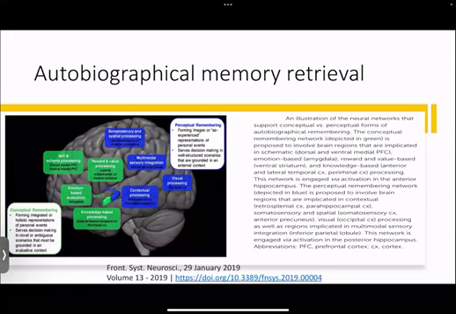And based on that, I have to do the conceptual remembering.